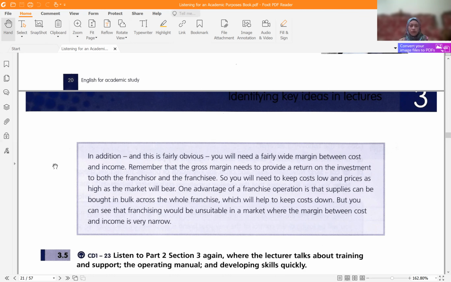One advantage of a franchise operation is that supplies can be bought in bulk across the whole franchise, which will help to keep costs down. But you can see that franchising would be unsuitable in a market where the margin between cost and income is very narrow.